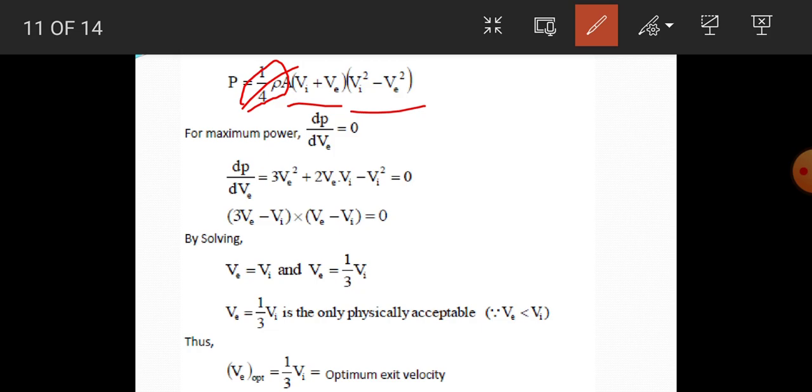Which terms are there? Here there are two terms, vi and ve. After sorting this out and differentiating, we will get 3ve square plus 2 ve vi minus vi square is equal to 0. How can we get this?